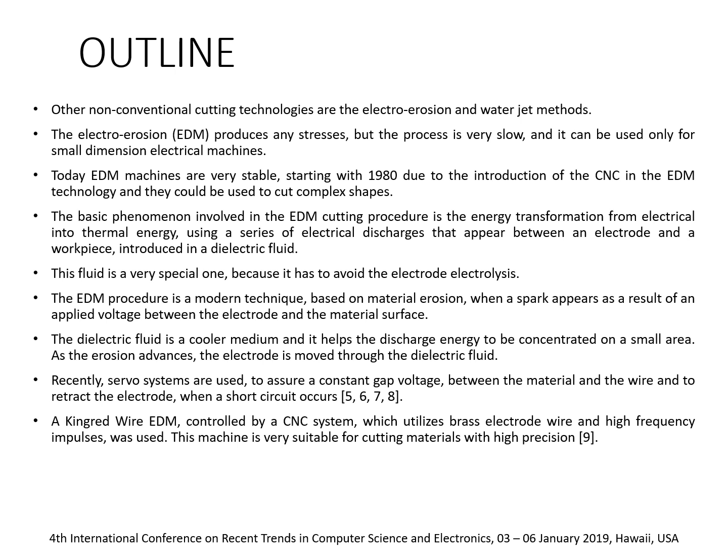The basic phenomenon involved in the electroerosion cutting procedure is the energy transformation from electrical into thermal energy using a series of electrical discharges that appear between an electrode and a workpiece immersed in the dielectric fluid. This fluid is a very special one because it has to avoid the electrode electrolysis.